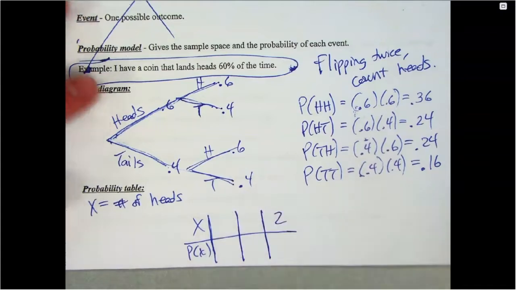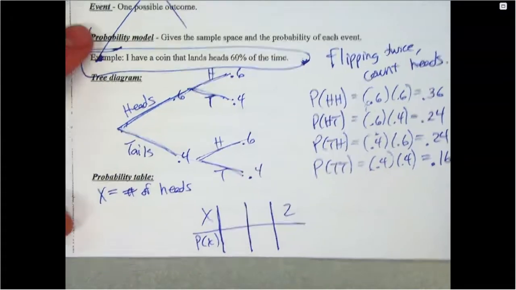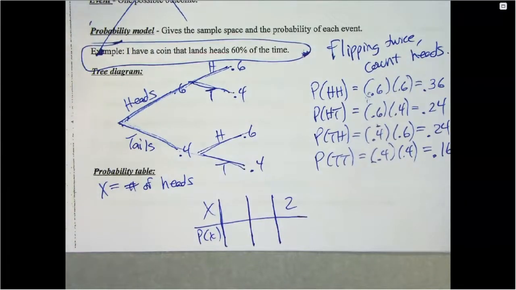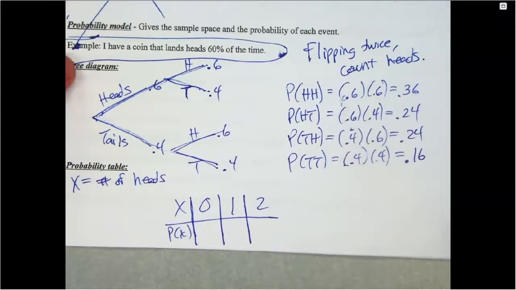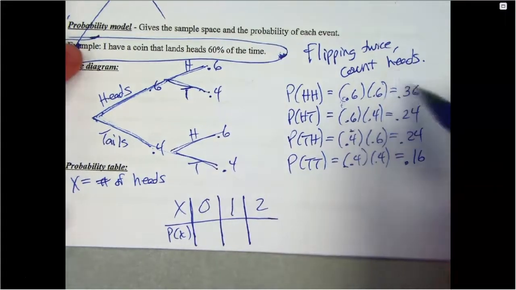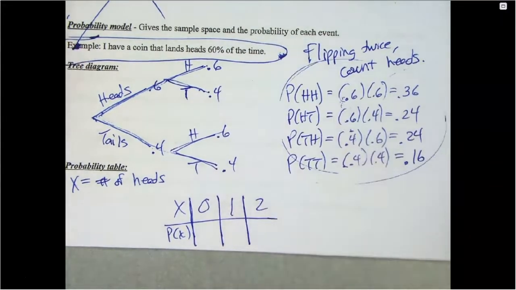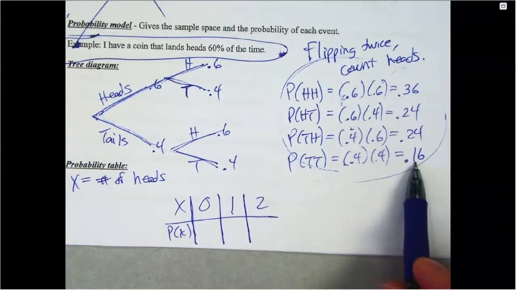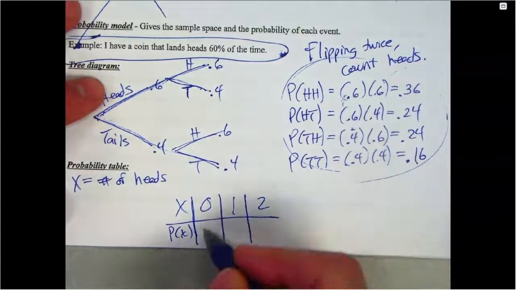I could get 2, I could get 1, I could get 0. So what's the probability that I get 0 heads? Look at this information over here. What's the probability I flipped it twice and I didn't get heads at all? This one right here, tails, tails. That's the only way I got 0 heads, so this is 0.16.